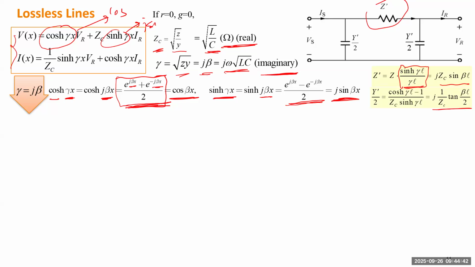Because we ignore the loss, Z prime becomes a purely imaginary value. That impedance is equal to a factor, sine beta L, multiplying the series impedance. And half Y prime is half of the admittance, so right now it becomes this one. If you treat this as admittance, this value will be equal to half of omega C.